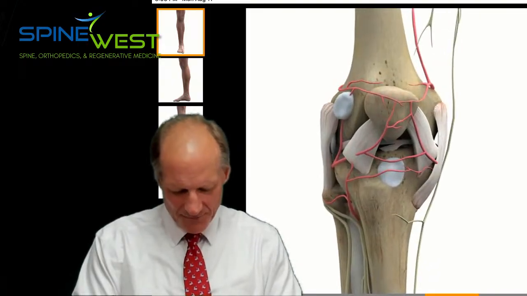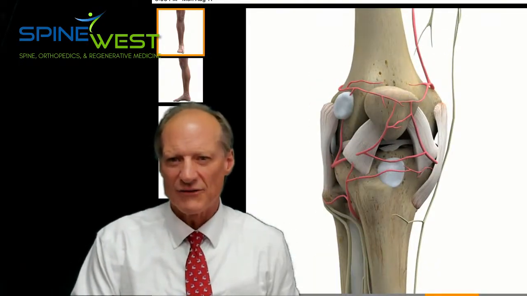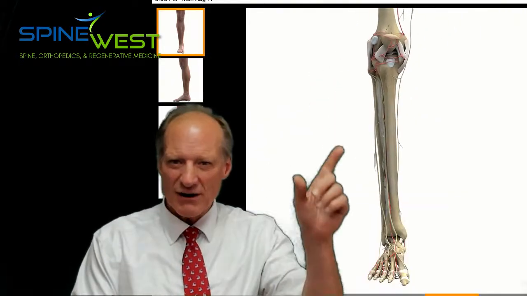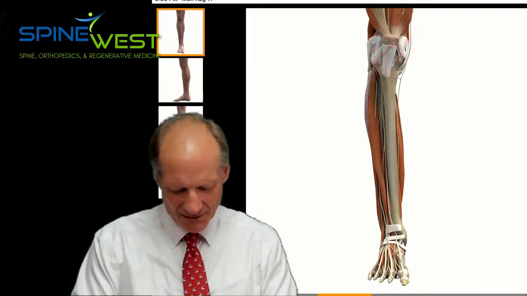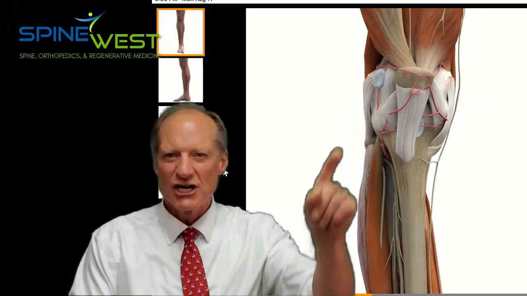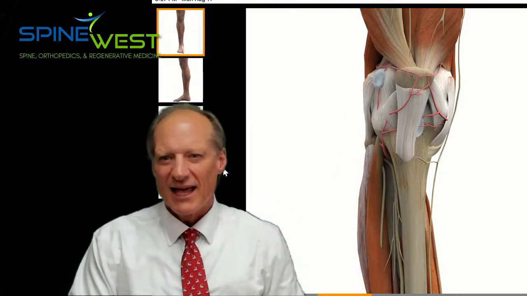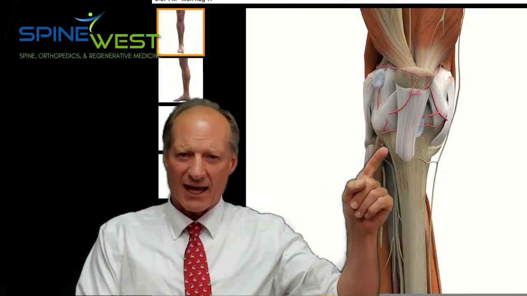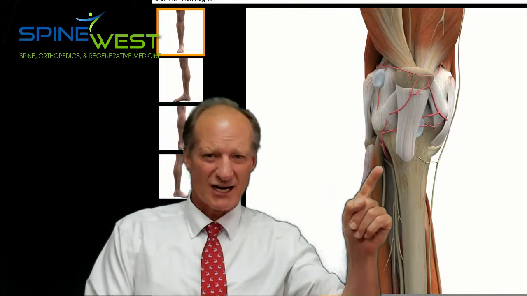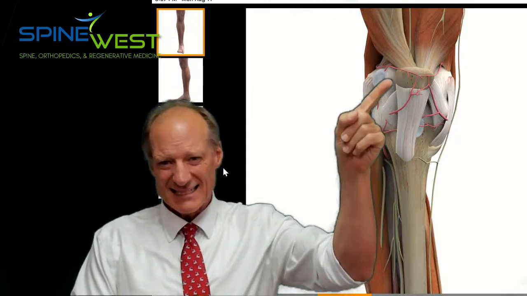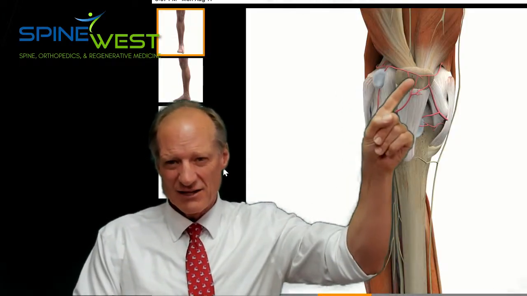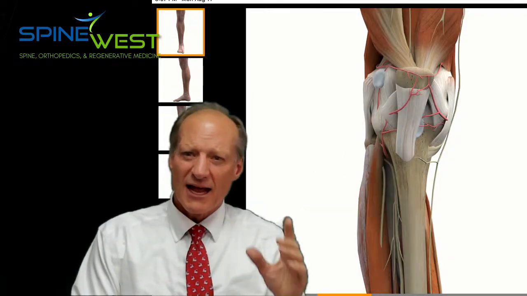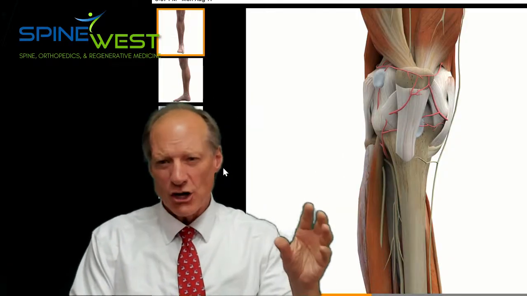You also have blood vessels that go all around the knee, and they can indirectly cause knee pain. And then you've got muscles that attach to the bones, allow you to move your leg, bend it, twist, etc. And it also has the muscles with the tendons that attach the muscles to the bone. And those can degrade over time.